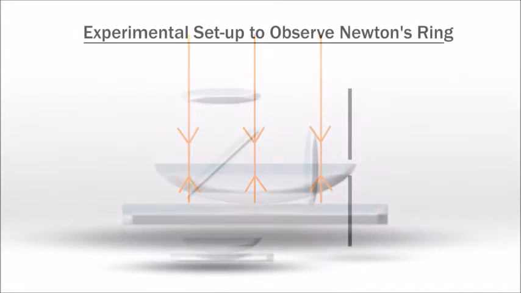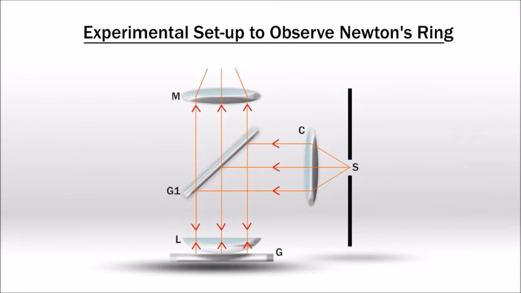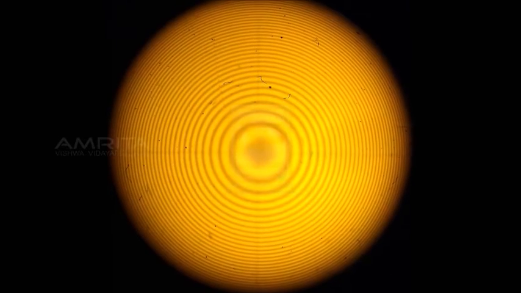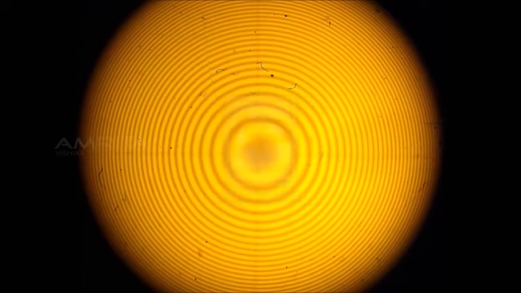When a parallel beam of monochromatic light is incident normally on a combination of a planoconvex lens and a glass plate, a part of each incident ray is reflected from the lower surface of the lens, and a part, after refraction through the air film between the lens and the plate, is reflected back from the plane surface. These two reflected rays are coherent, hence they will interfere and produce a system of alternate dark and bright rings.